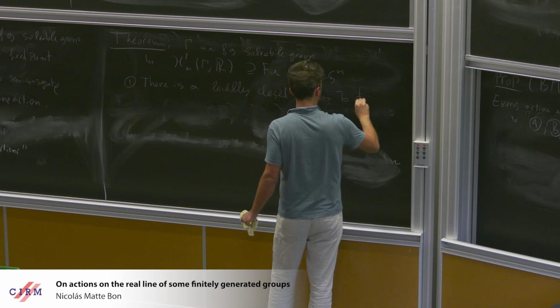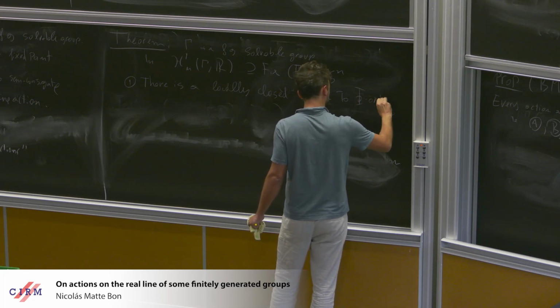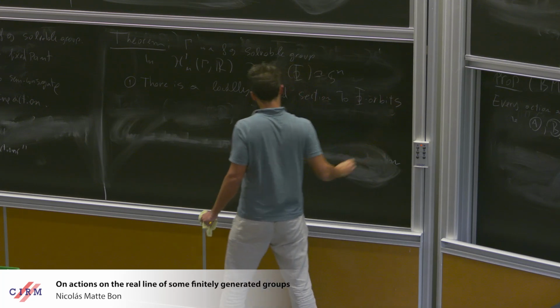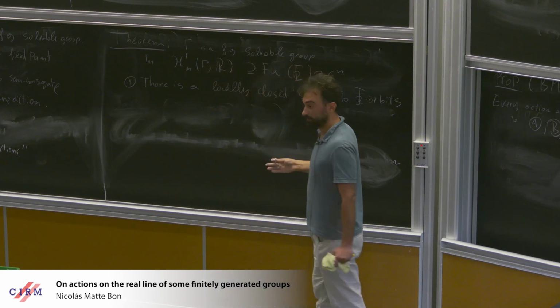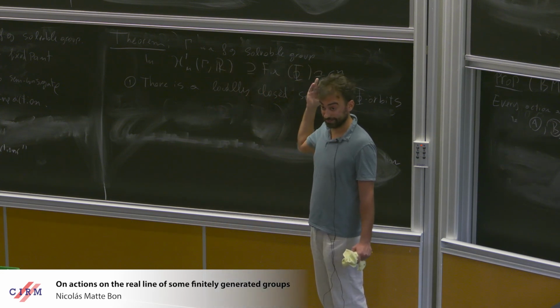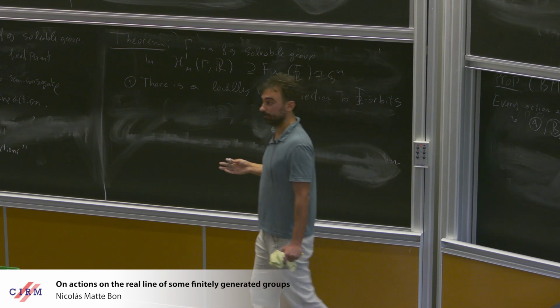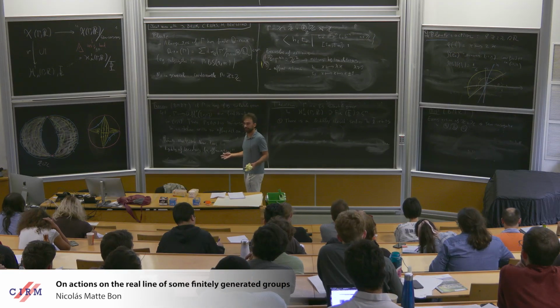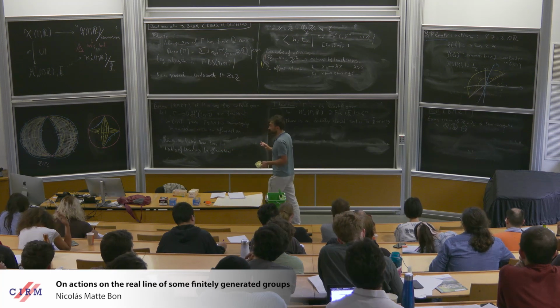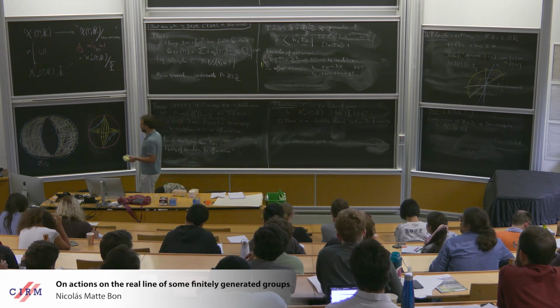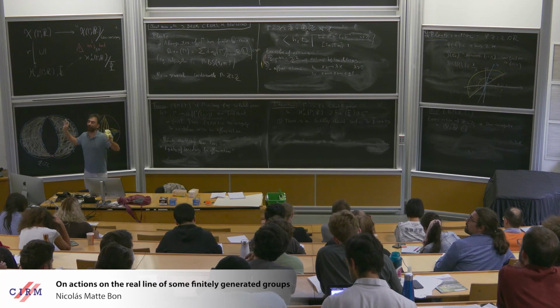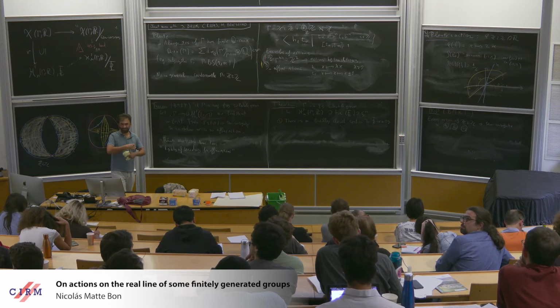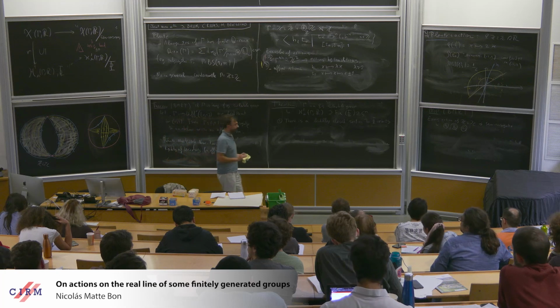A section means just a set which is locally closed and intersects each orbit in exactly one point. So that's exactly what allows you to say that the space of actions is very, very nice and you have a hope to classify them, even though it's not at all true that you have only exceptional actions apart from affine actions in general. It will be very complicated, but this is still true.